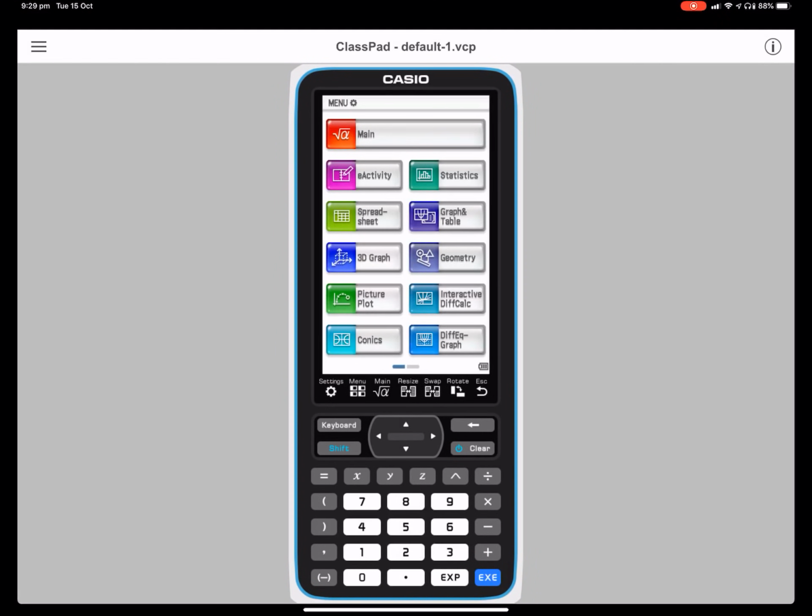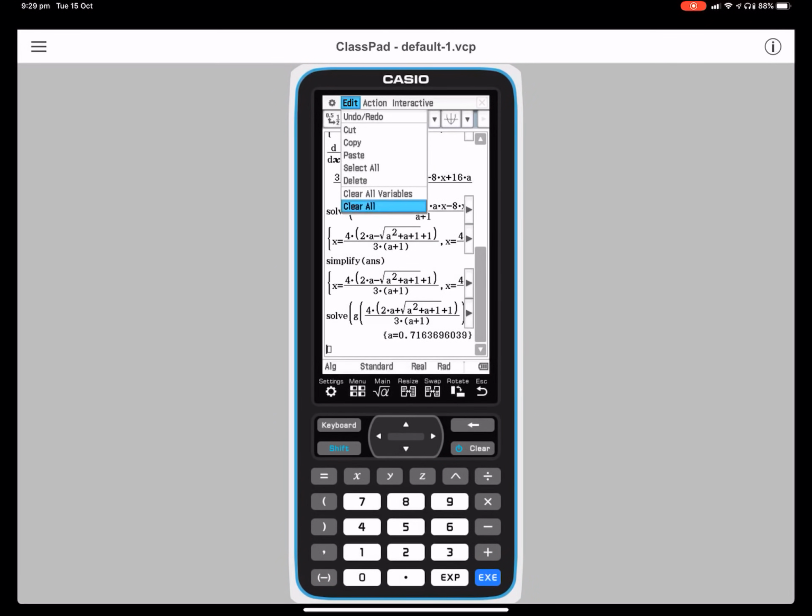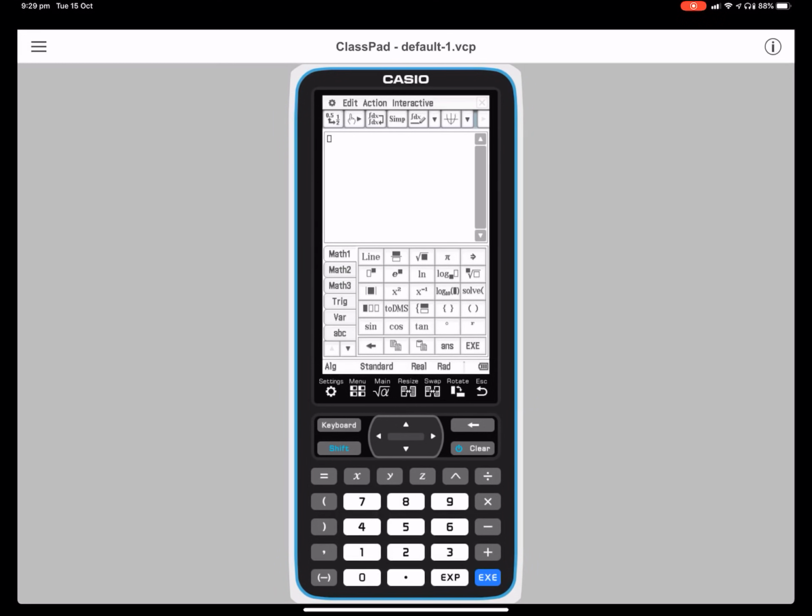So let's see if the calculator can handle it. So 0 to 4 of g of x dx. Oops, I don't want that, I want the modulus of that.